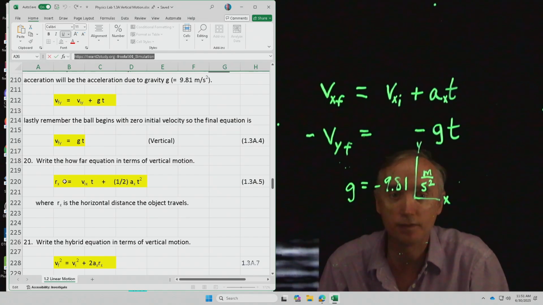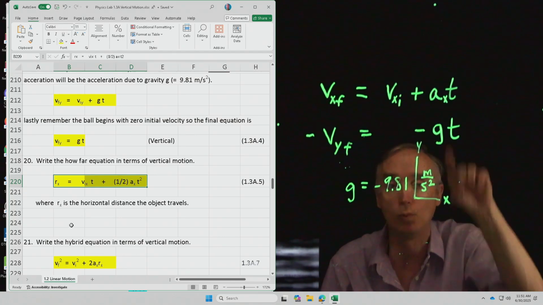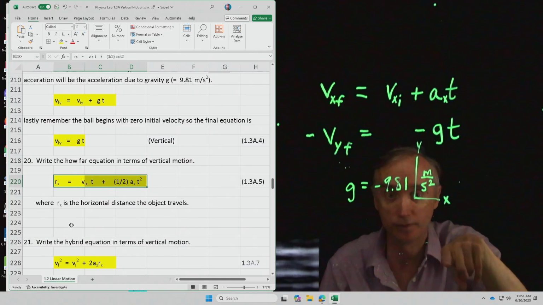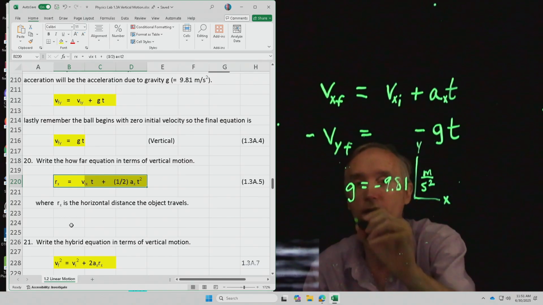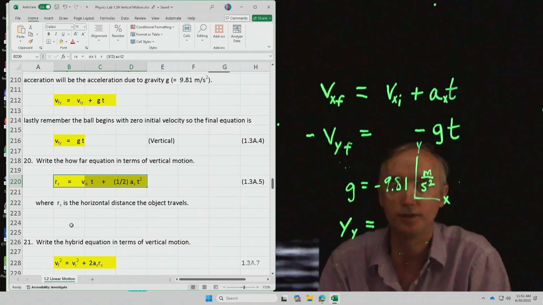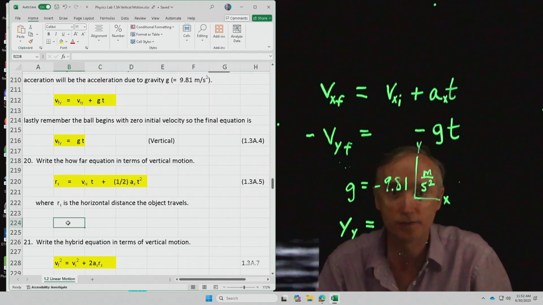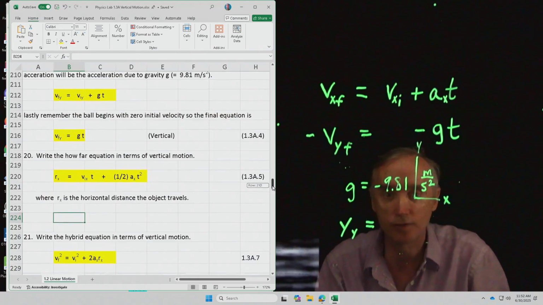I would like for you to take this equation and rewrite it for R in the Y direction, the up and down direction, so that you will have an equation that says the distance that it falls in the Y direction is going to be equal to, and then you put in the rest of it. So do it exactly the way that we just did it for the how fast equation, and then you write that answer right here. Then you've got the hybrid equation.